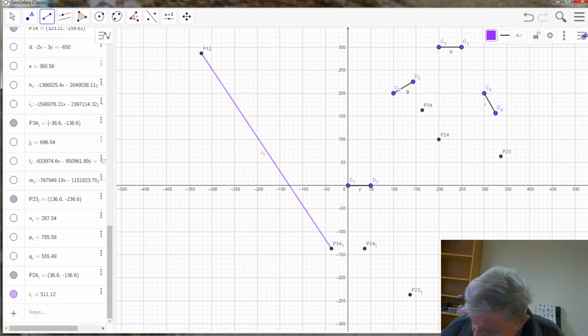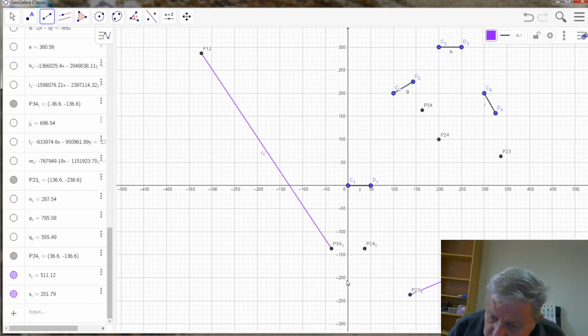P14 and P231. P14 is here, P231 is here. This is another pole, opposite pole, complementary pole.